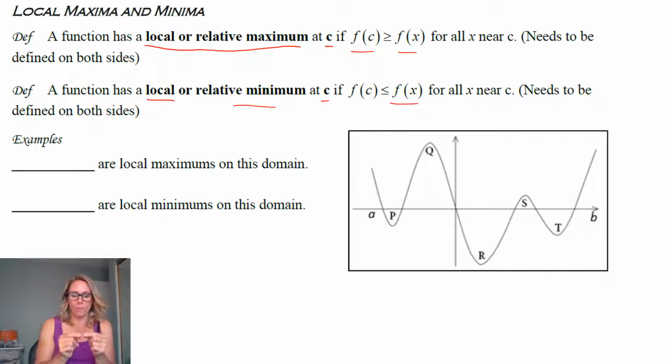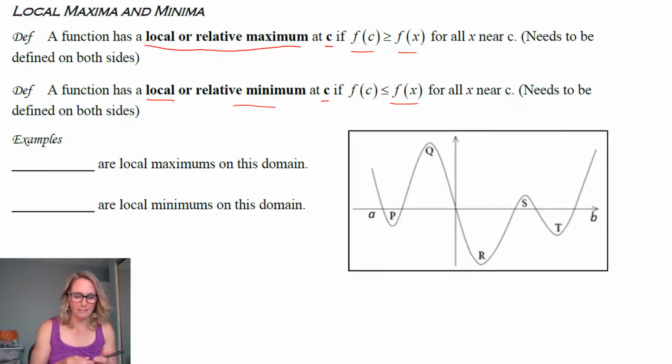So here's your f of c, and then here's all your other y values around it. So they are greater, they are higher, and so because of that, they create this dip where f of c is at the bottom of that dip, and that means you have a minimum.